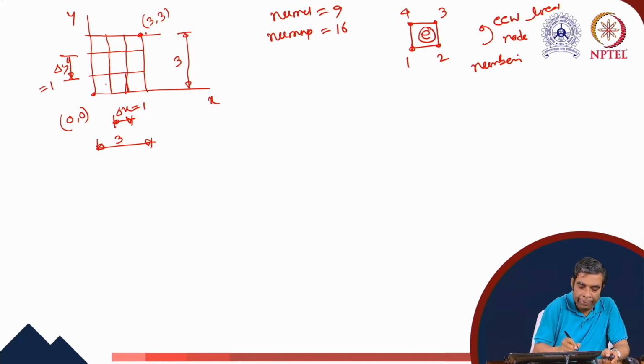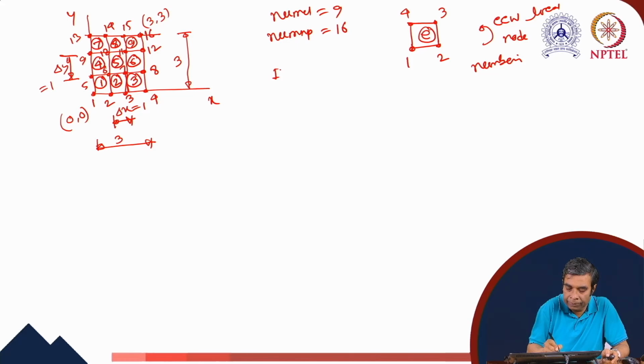Now we identify the elements as 1, 2, 3, 4, 5, 6, 7, 8 and 9, and the global nodes as 1, 2, 3, 4, 5, 6, 7, 8, 9, 10, 11, 12, 13, 14, 15 and finally 16.